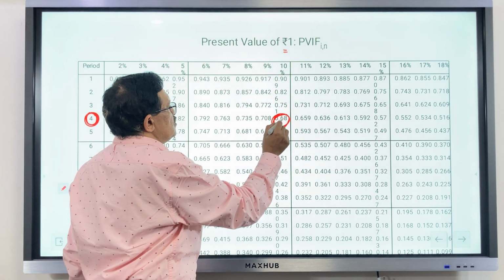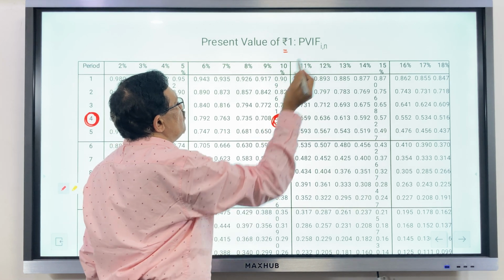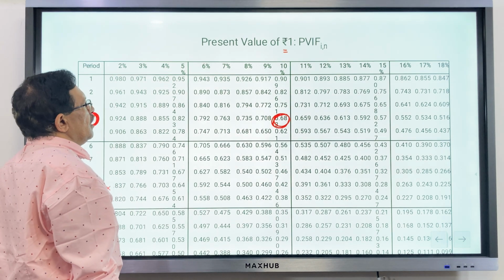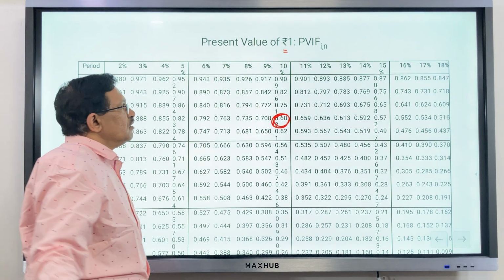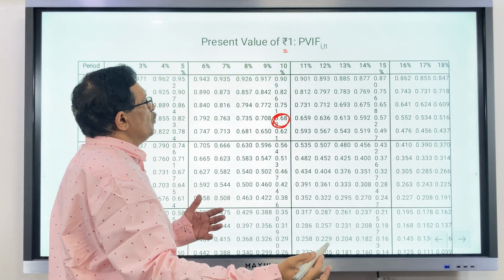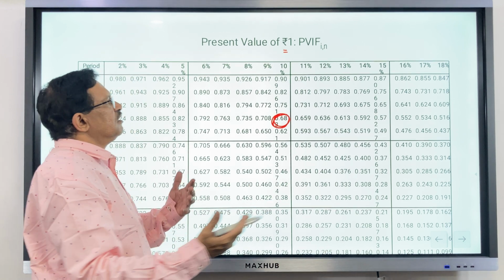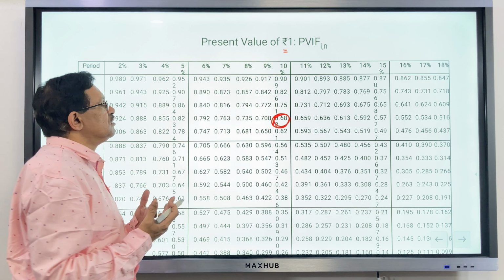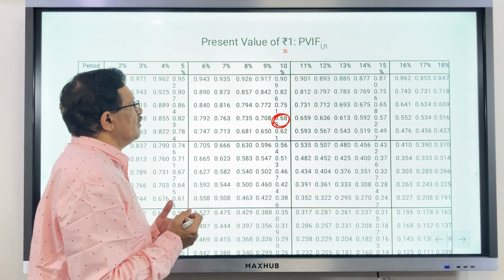That is 0.683. How do you find out this particular thing? Actually, what these particular tables are giving? Manually also you can find out. If you have everything for 1 rupee, you can extrapolate for any amount.